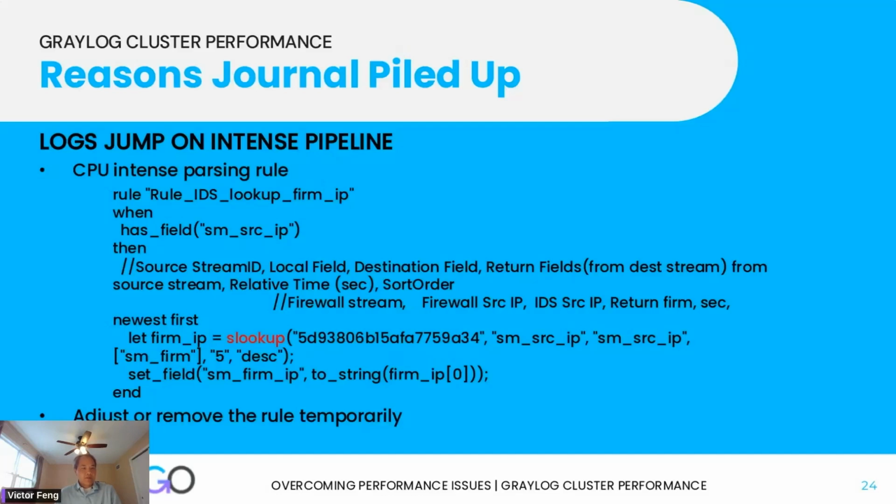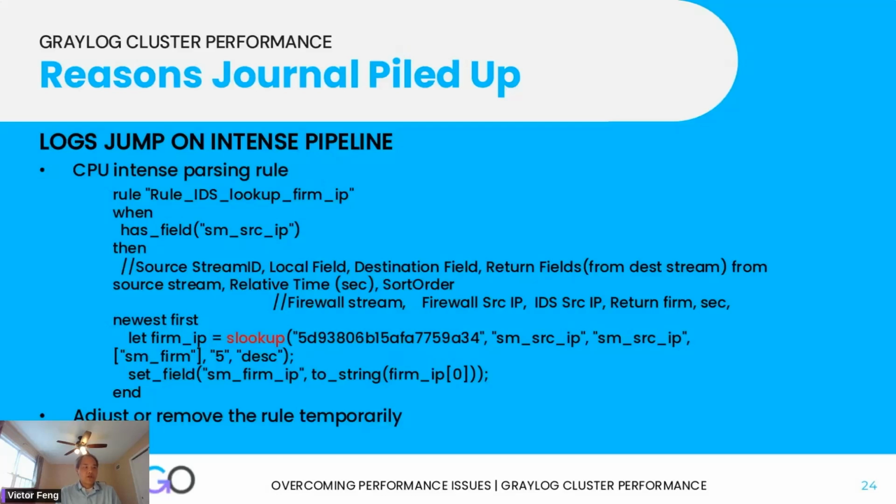Number 5 means we search through the last 5 seconds in the source stream. So basically, Graylog takes the value of SM source IP in the current stream log. For example, you want to search 8.8.8.8.